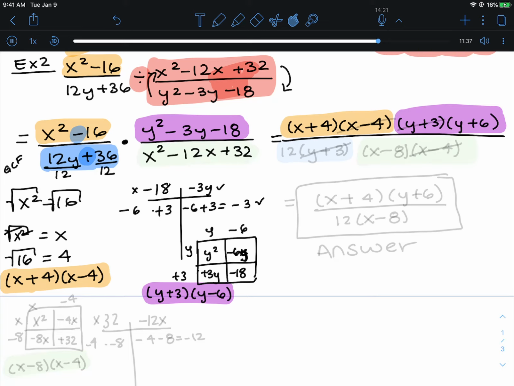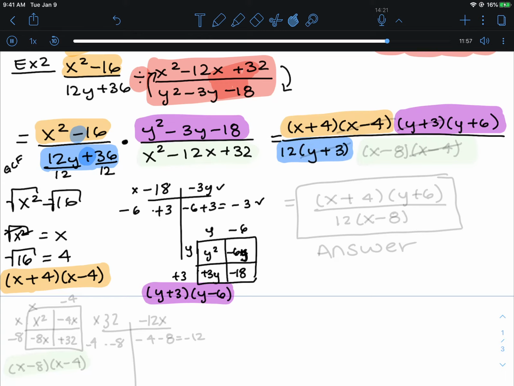And whatever you factor out goes on the outside. So I'm going to put a 12 on the outside. 12 divided by 12 is just going to be 1, so I'm going to put y. And then 36 divided by 12, okay, is going to be 3. So that right there would be for that one.